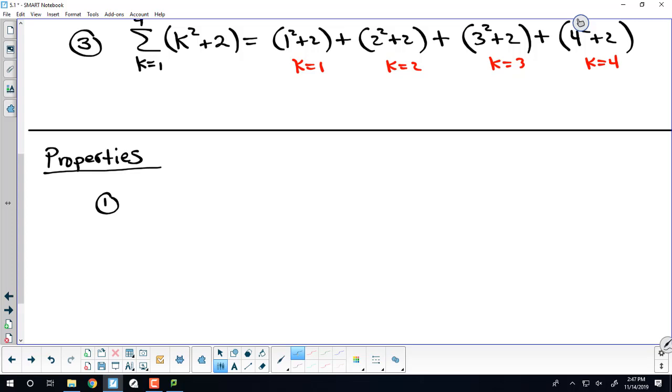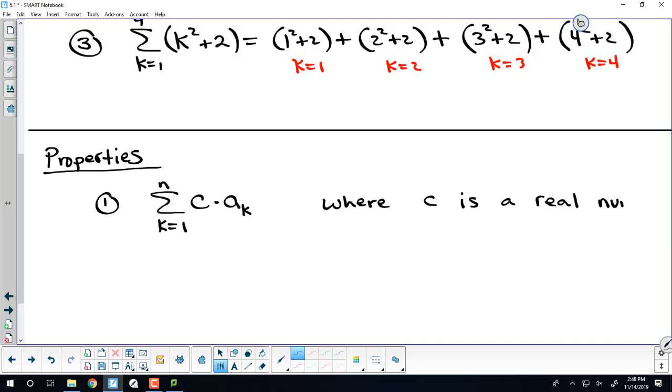One property is that if we have the sum from k equals 1 to wherever, we'll just call that n, of c times an expression involving k, we'll just call that a sub k, where c is a real number, that constant, the c, it's like our delta x.